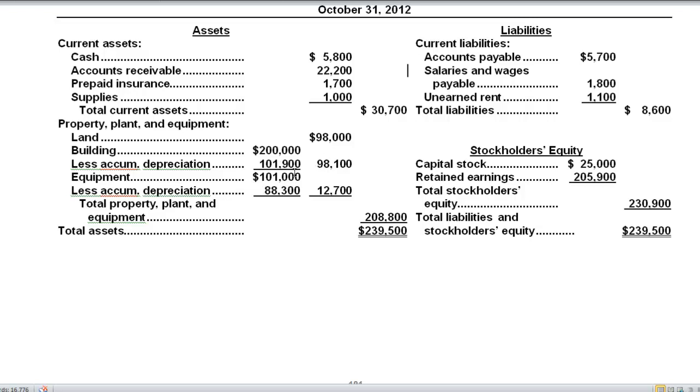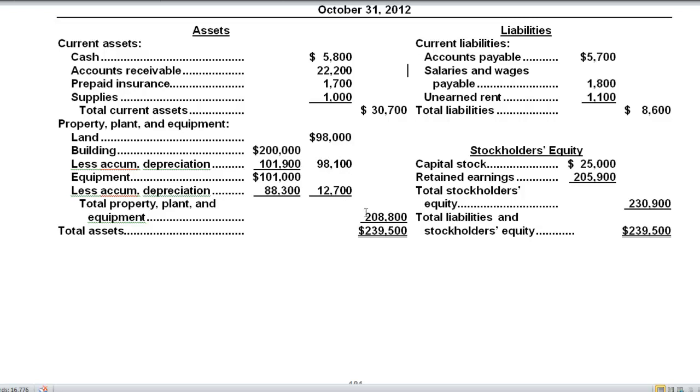Likewise, we have a similar category here for equipment and its contra asset, and our book value is $12,700 for our equipment. Okay, so this accumulated depreciation represents all of the depreciation expense that we've taken on these buildings since we put them into use.